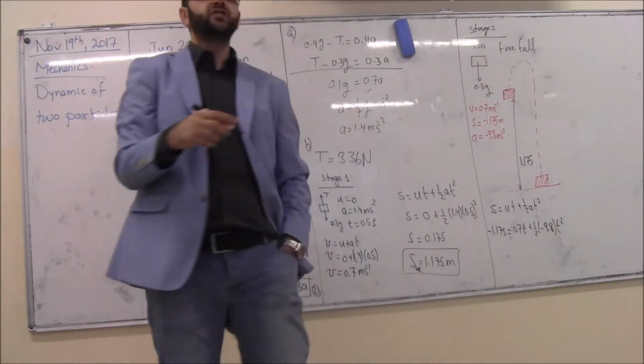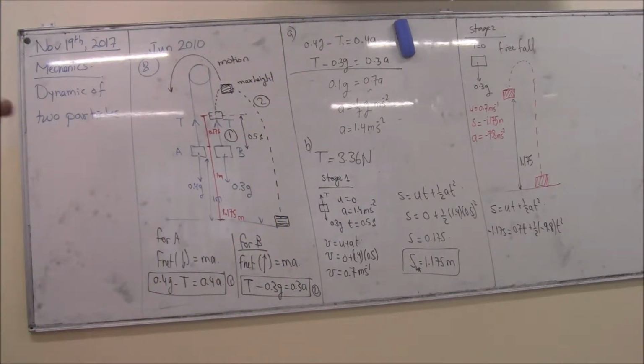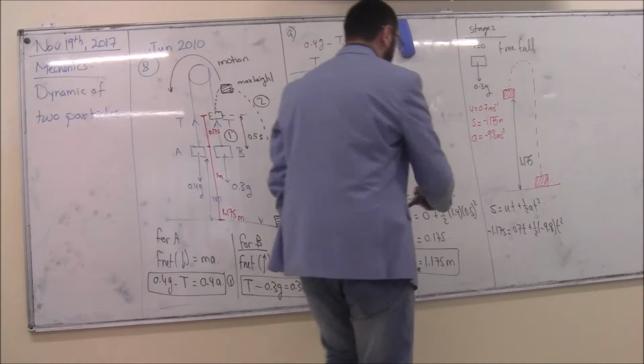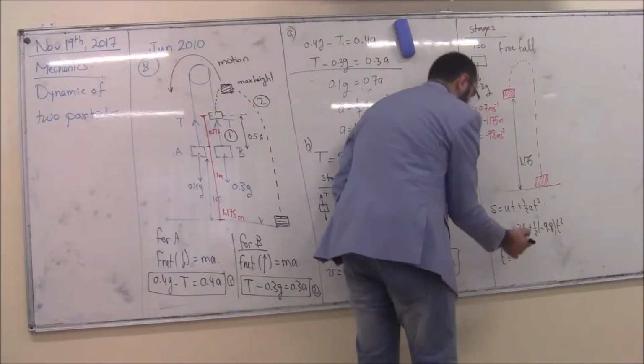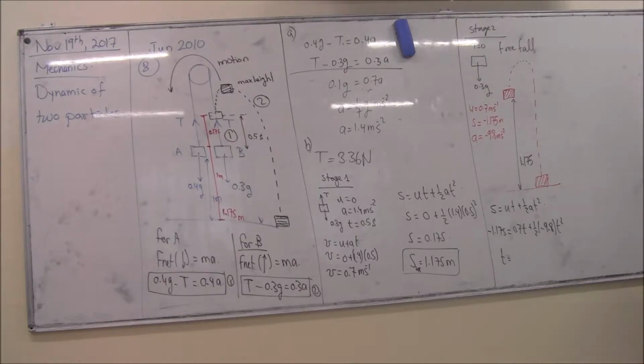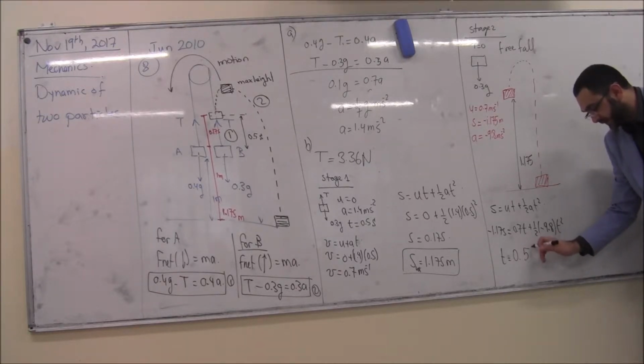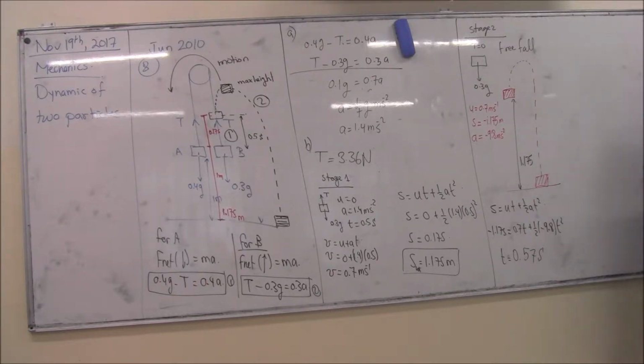I have to rearrange this equation to have a quadratic equation. Here we will get two values of time, one negative and one positive: 0.57 or minus 0.4. The negative will be excluded, yes.